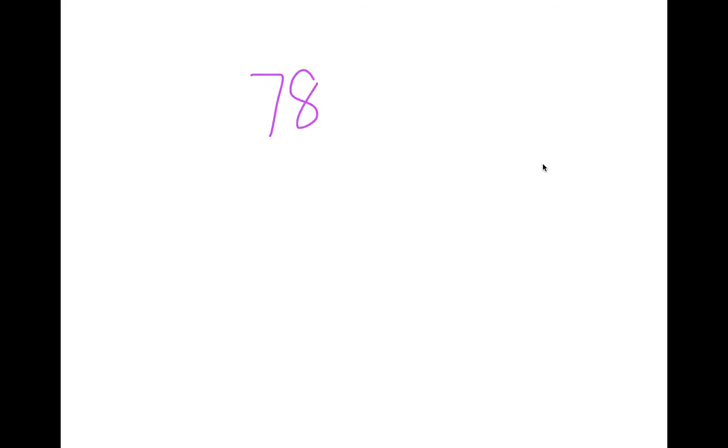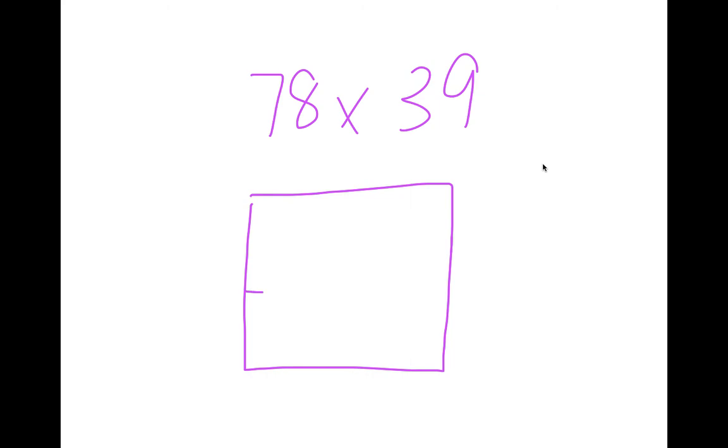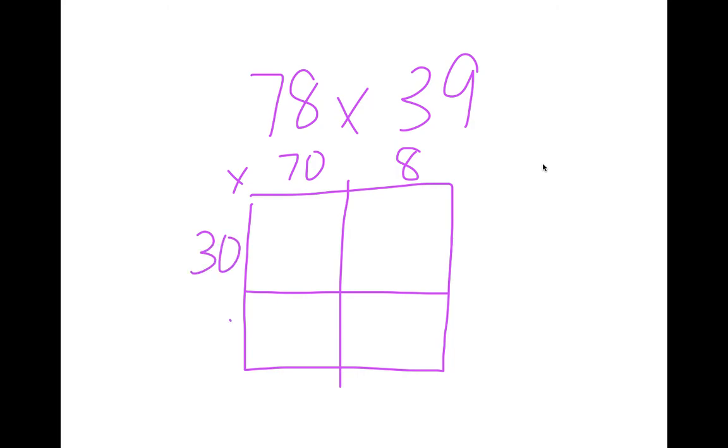78 times 39. There are no zeros in this problem, so we are just going to do the box method, breaking it up again in 4 quadrants. That is really small. 78, 39.